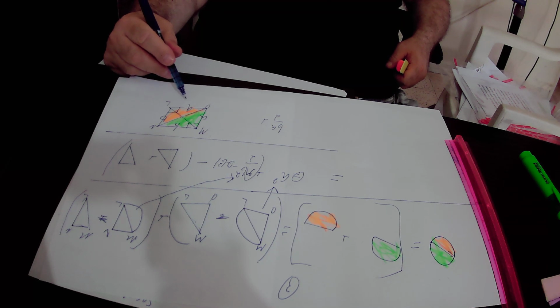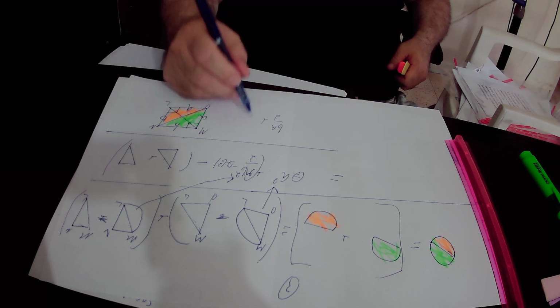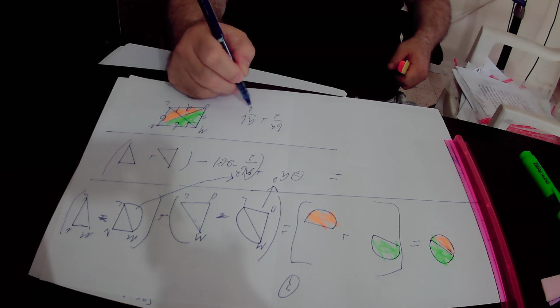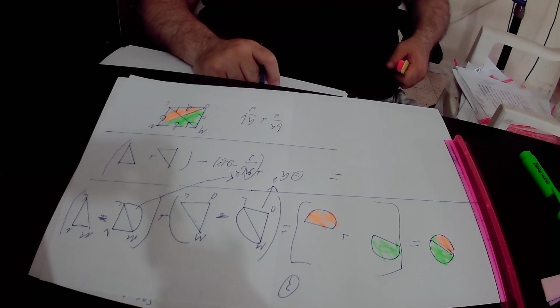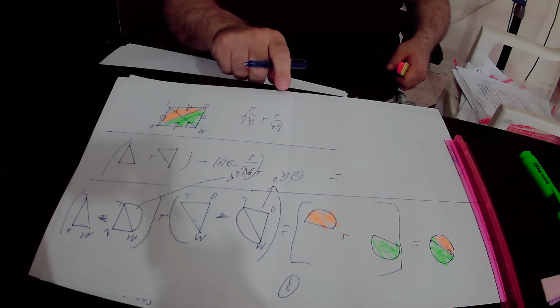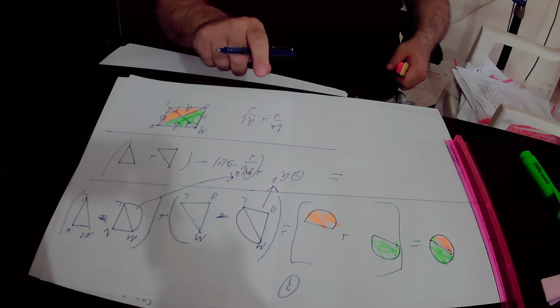It is equal to the base of the triangle, that is A, times the height to the base, that is B, over 2. So here we found out that the sum of the areas of the two triangles equals BA over 2 plus AB over 2.